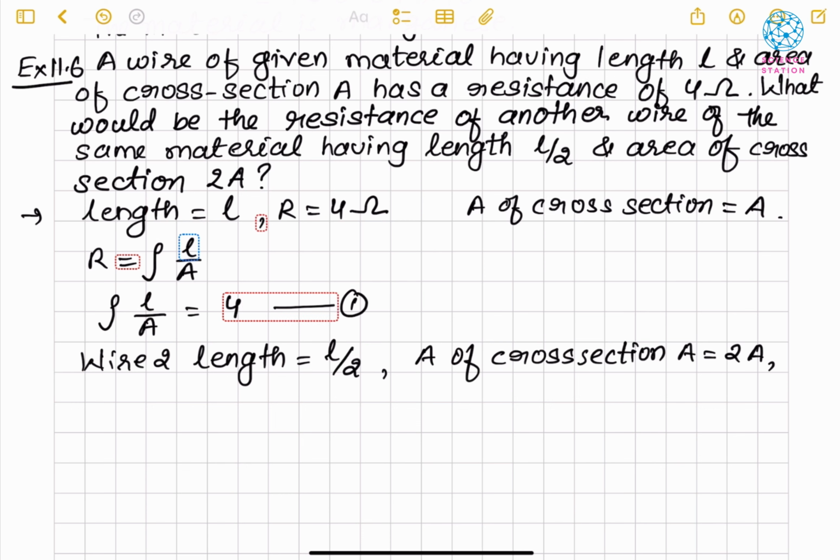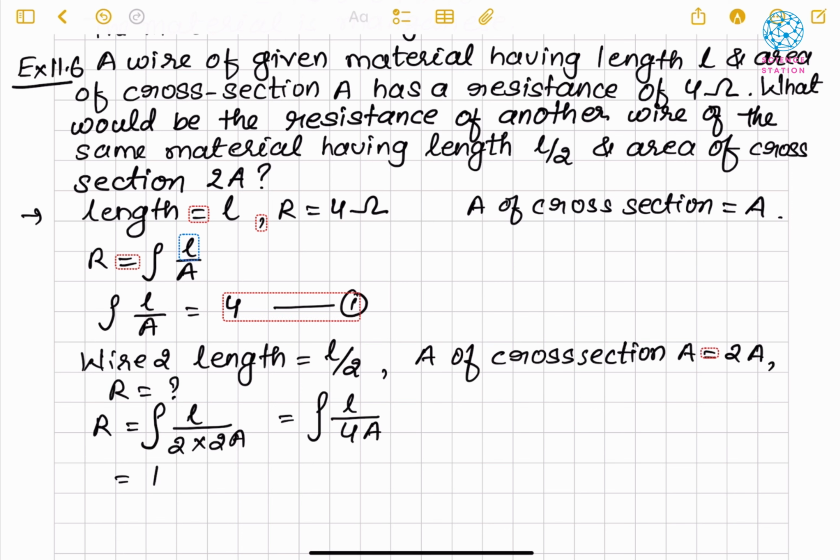And R I have to find. So there R will be equal to resistivity L upon 2 into 2A. That L upon 2 I have written L upon 2 upon 2A. So that will be resistivity of L upon 4A.